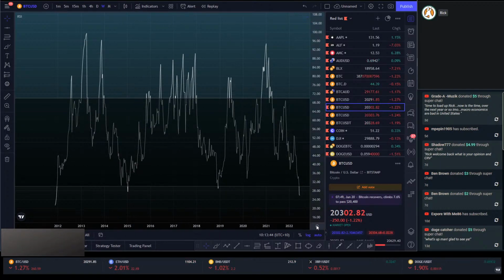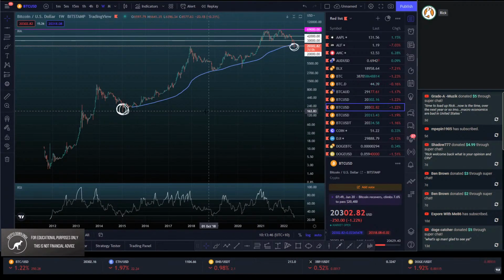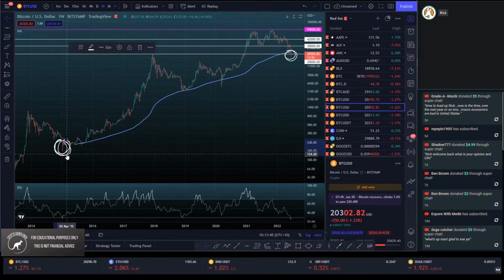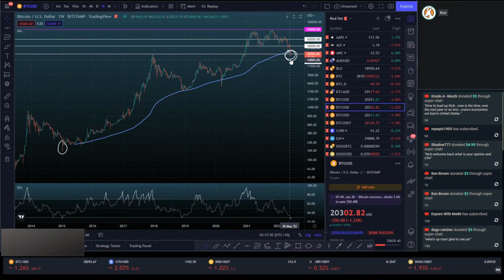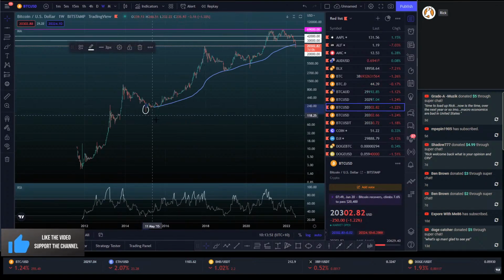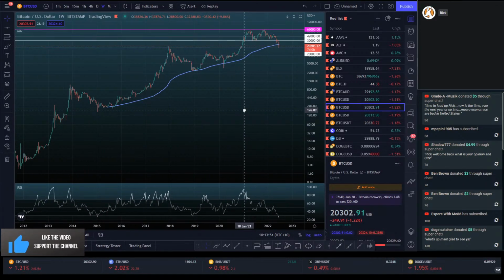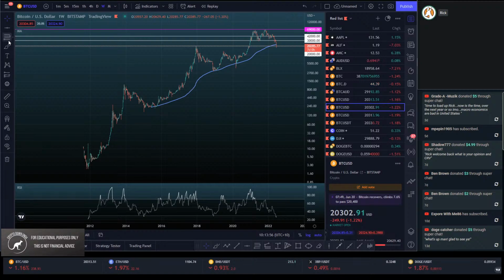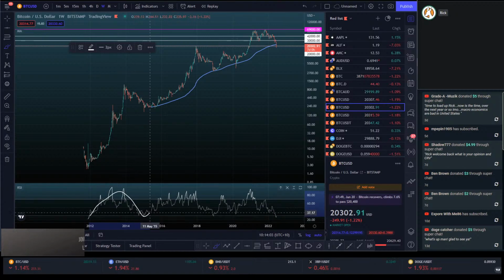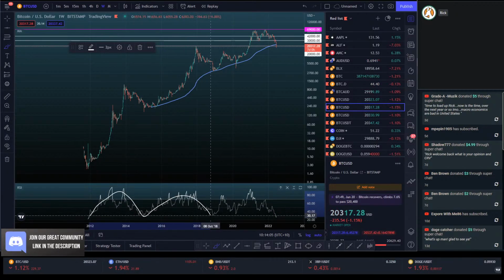Crypto as a whole is. So anyway, let's delete these squiggles. But yeah, it's just a part of the cycle of Bitcoin. We seem to get these. If I was to smooth this out, it's been doing this.